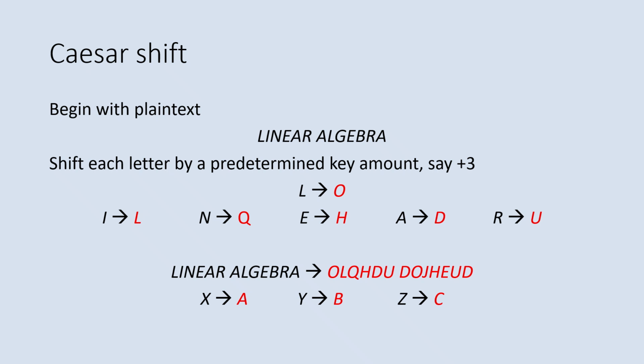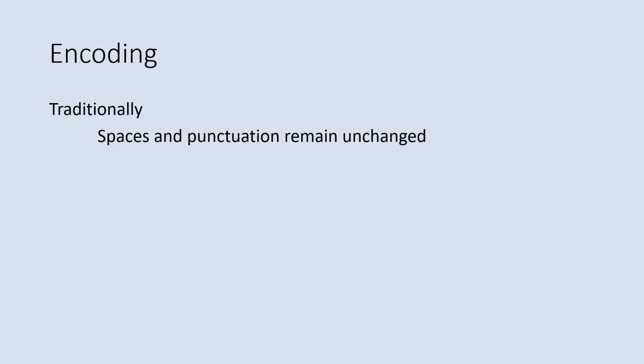The thing that happens in this +3 shift, for example, when you get to the end of the alphabet, then the letters have to wrap around. So X then will become A, Y is B, Z is C. And so it just wraps around, +3 wraps back to the beginning. Okay, so traditionally in the encoding, as we mentioned, the spaces and punctuation remained unchanged.